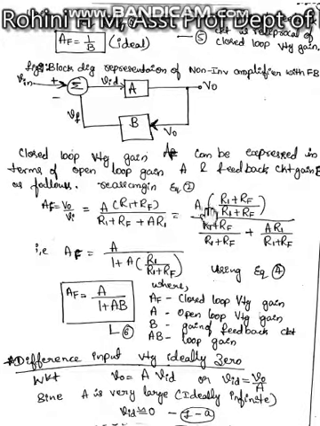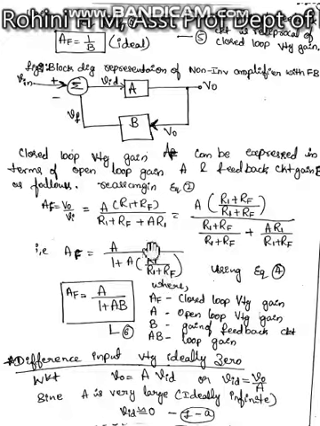So what is the rearrangement? Divide numerator and denominator terms by R1 plus RF. If we apply that, it will look like this expression. And then these terms can cancel. So we are getting A divided by 1 plus A into R1 divided by R1 plus RF, where we already know B is given as R1 divided by R1 plus RF.